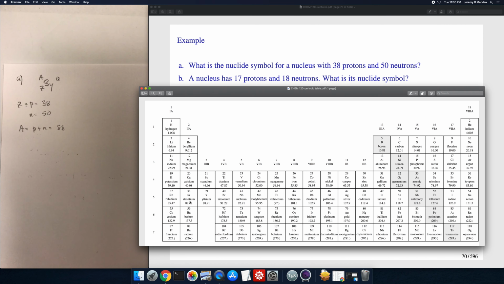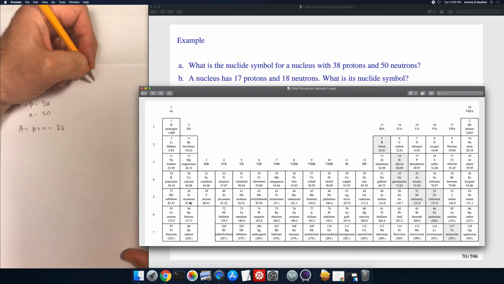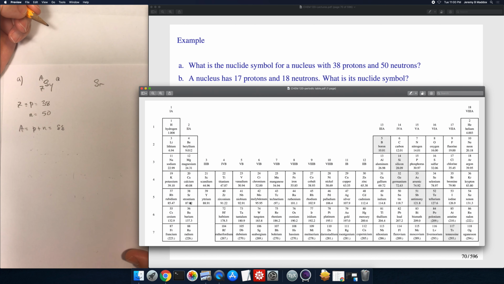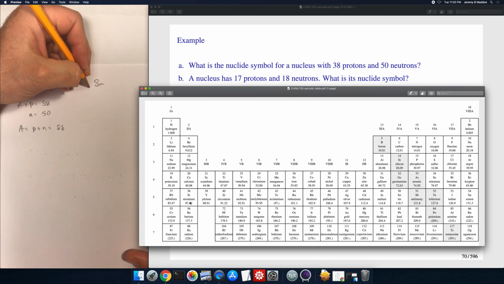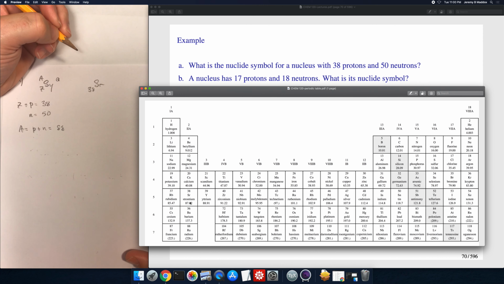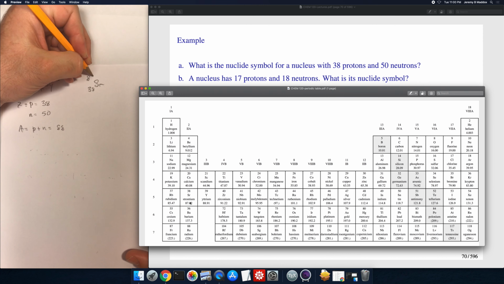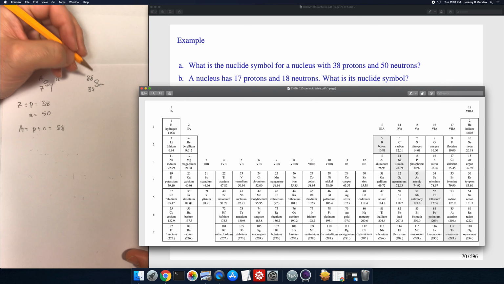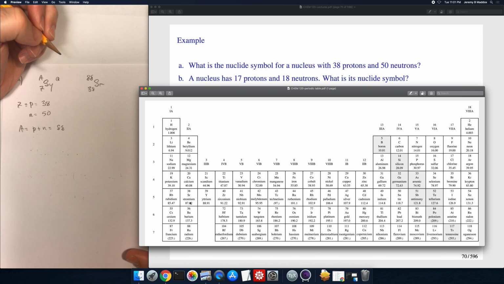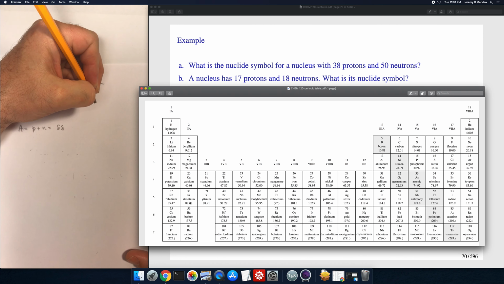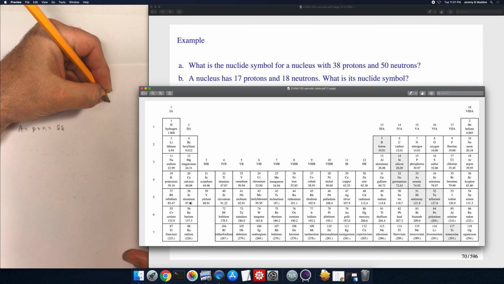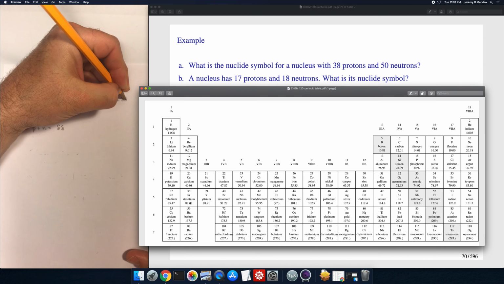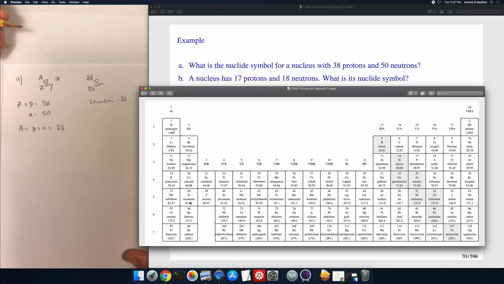In this case, it's strontium, and the symbol is Sr. We would put the atomic number in the lower left and the mass number in the upper left. We'll just assume that this is a neutral strontium, so we'll leave it like this. If you were to write out the name, you would say strontium-88. So that's the name of this nuclide.